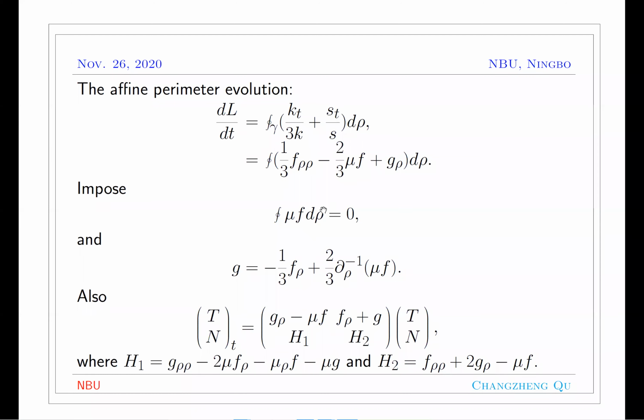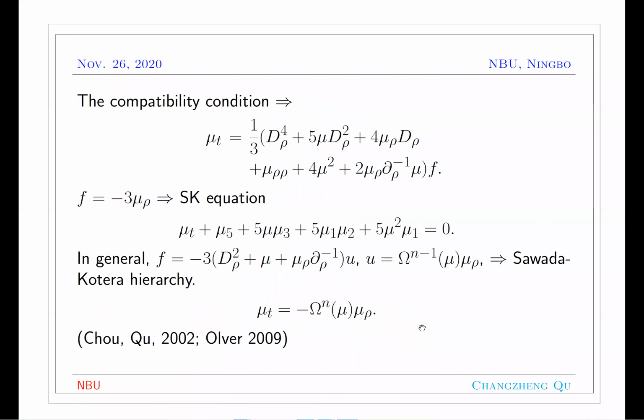If rho does not depend on time t, we can determine the tangent velocity from the normal velocity given by this one. Also we can compute the evolution of the tangent and the normal vectors, and then the evolution of the curvature given by this one.